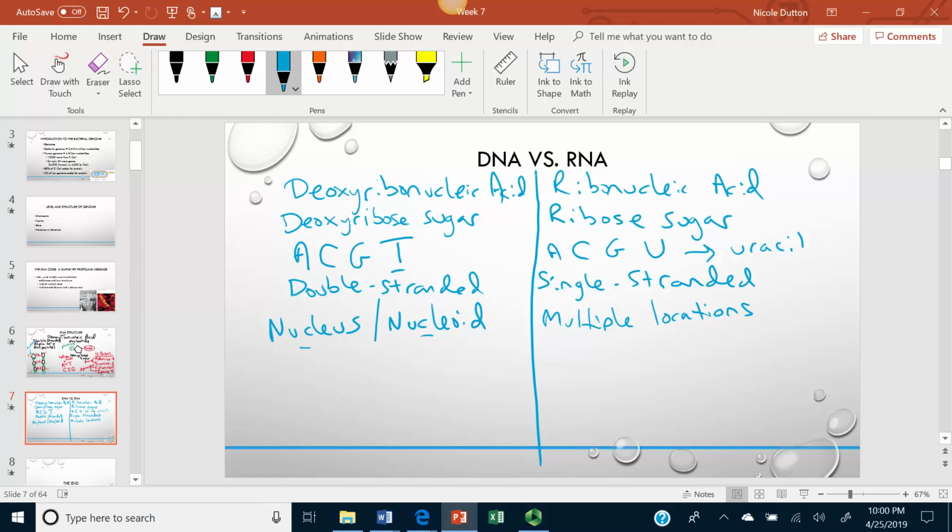Now, the function of DNA, it stores the genetic code. And RNA helps make proteins. The major types of DNA are really just genomic. And then if we are a eukaryotic cell, mitochondria have their own DNA.